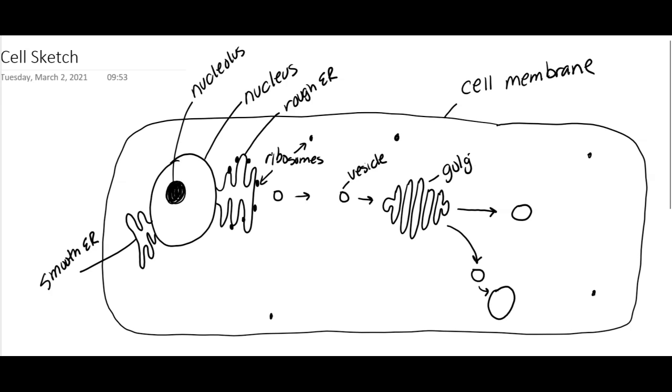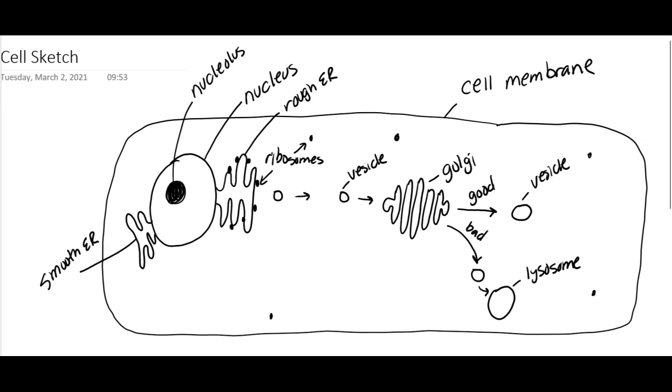If the product that the ribosomes, the little machines, made is not good, if they find an error, what the Golgi bodies do is they mark it and target those products for destruction. And it sends the vesicles to another large container called the lysosome.